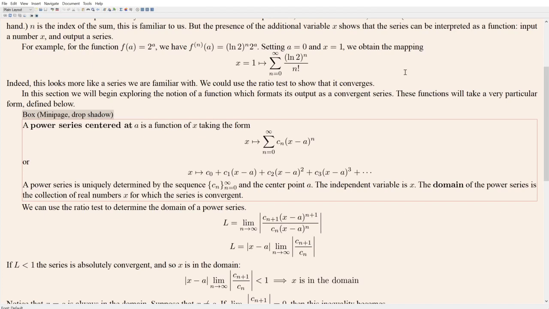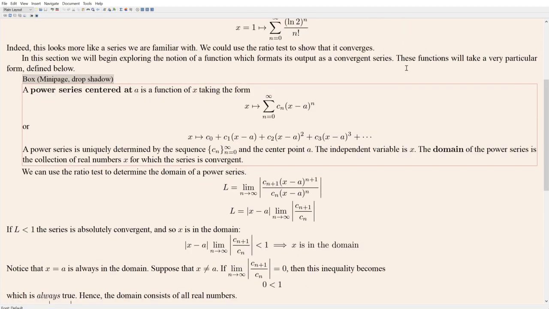So, this section is going to be all about this idea of defining functions with infinite series. Defining functions where the input is a real number and the output is a convergent series. So of course there's a lot of ways that we could possibly approach this topic.